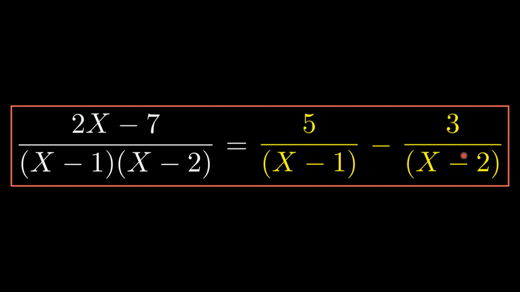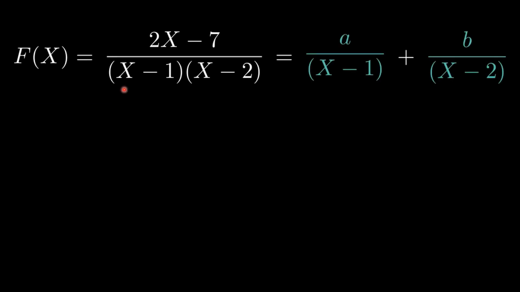So this is the partial fraction decomposition of our fraction, which has two linear factors. Let's summarize. We have a fraction with two simple roots in the denominator, 1 and 2. That's to say we have two linear factors, x minus 1 and x minus 2.